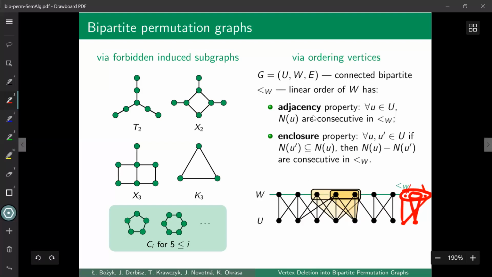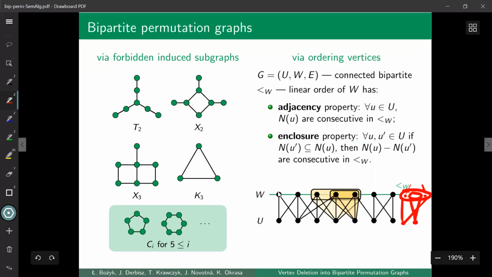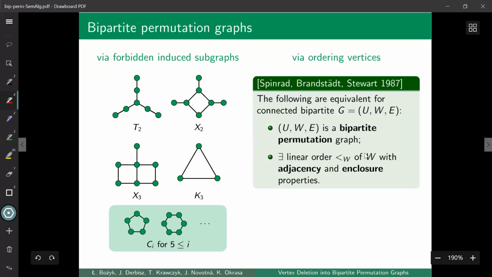So having these two properties of a linear order of one part of a bipartite graph in mind, we can state the theorem. A connected graph is a bipartite permutation graph if and only if we can find an order which has both enclosure and adjacency properties for one of its parts, and symmetrically for the other one, right?